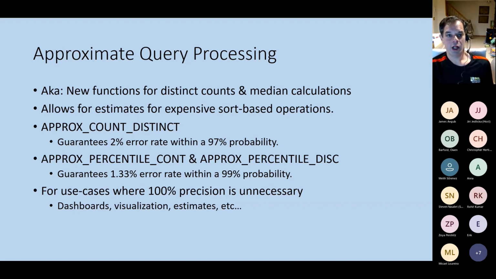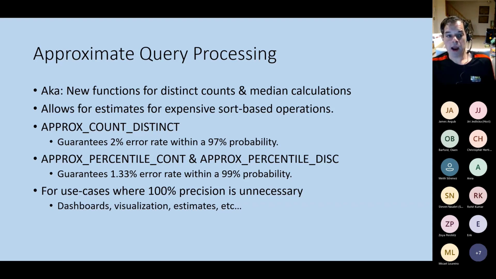The other functions available through approximate query processing are for medians. Medians are notoriously horrible to calculate. They're inefficient. They're painful because you're forced to not only sort, but then go in and grab the middle, which is even more work. So, depending on whether you want the value that is in my set or the imaginary value in the middle of my set for your median, that's the cont versus the disk.